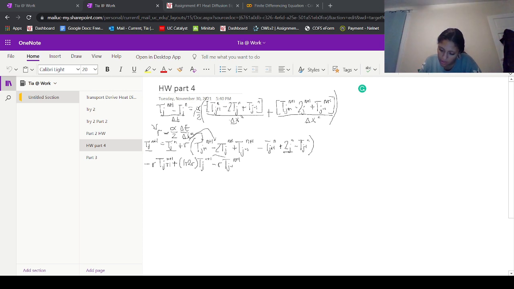And then you're going to have this equal to, and it's basically kind of like the same thing on the right side, because you're going to have the stuff that is just the time n, like the initial time. And it's going to also be multiplied by R, because the R was on the outside of that giant parenthesis. And negative T to the J. Oh, let me go ahead and put R, because I keep forgetting this.